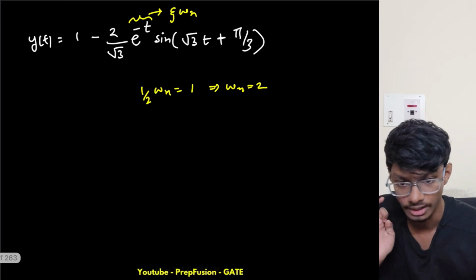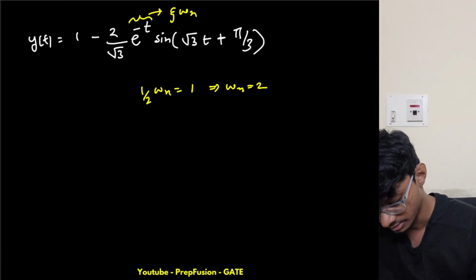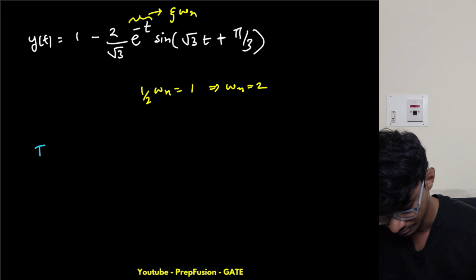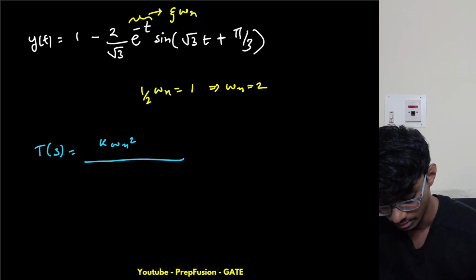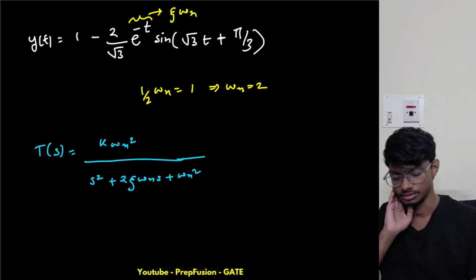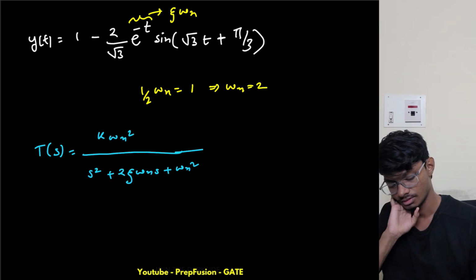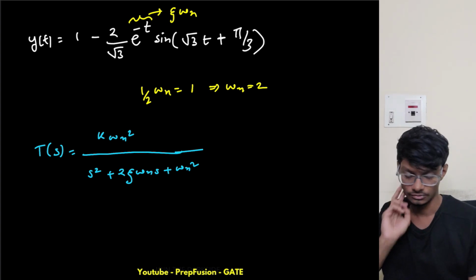My transfer function will look like k omega n square divided by s square plus 2 zeta omega n s plus omega n square.